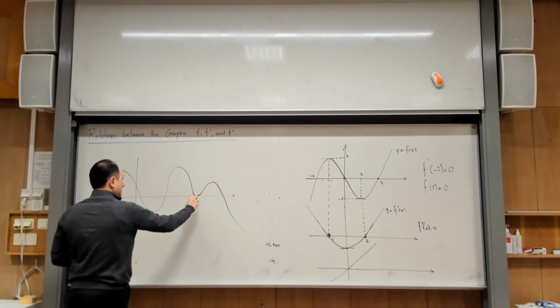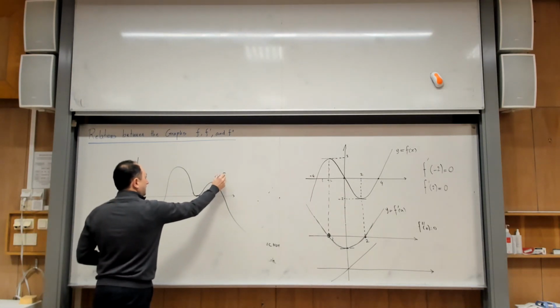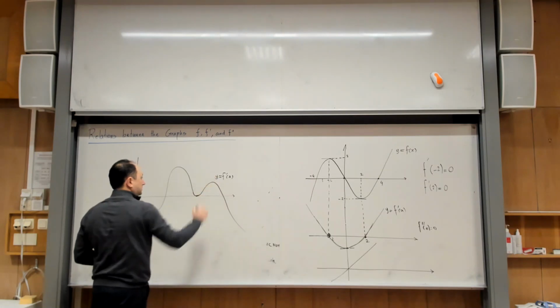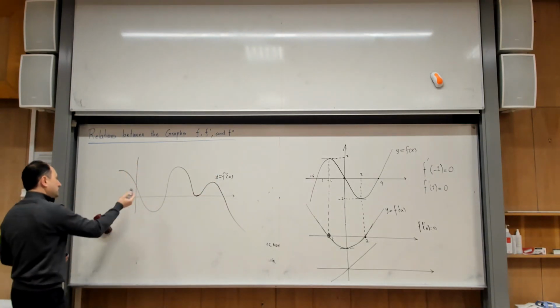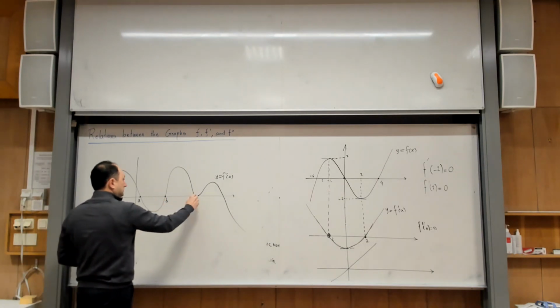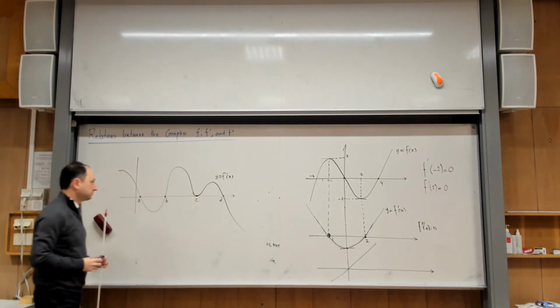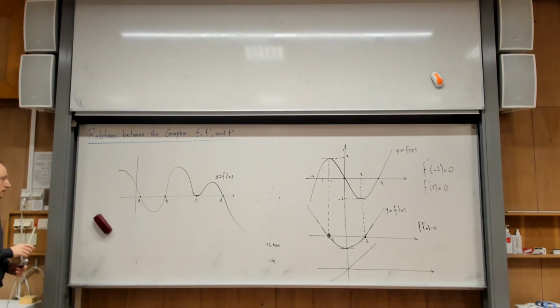And I tell you that this is not the graph of the function, this is the graph of the derivative of the function. And I can give you numbers, I can give you letters. Okay, and then I can ask you different questions.